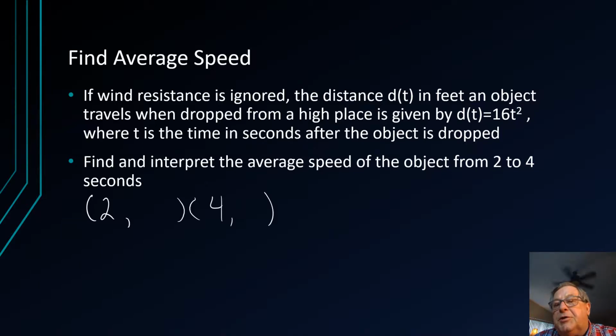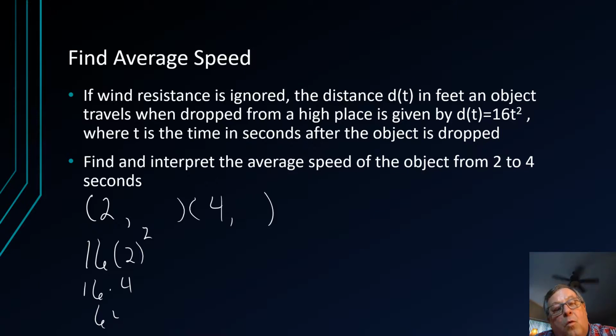So let's substitute in 2 for t. We got 16 times 2 squared. And 2 squared, of course, is 4. So we got 16 times 4, and 16 times 4 is 64. Then we're going to substitute in 4 for t.